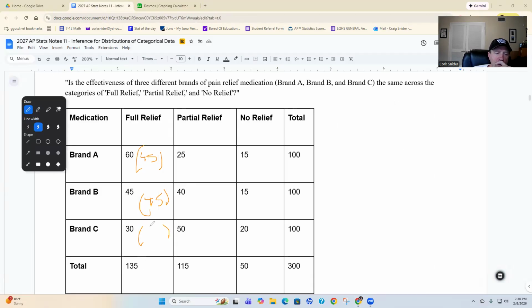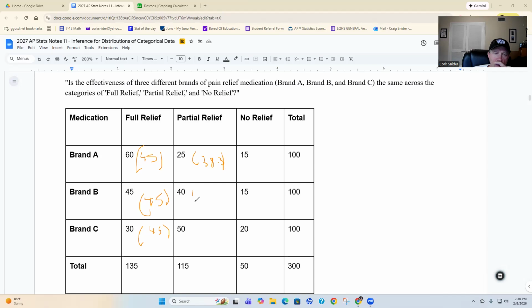So you write all those, and then you could say, yeah, all the expecteds are bigger than 5.